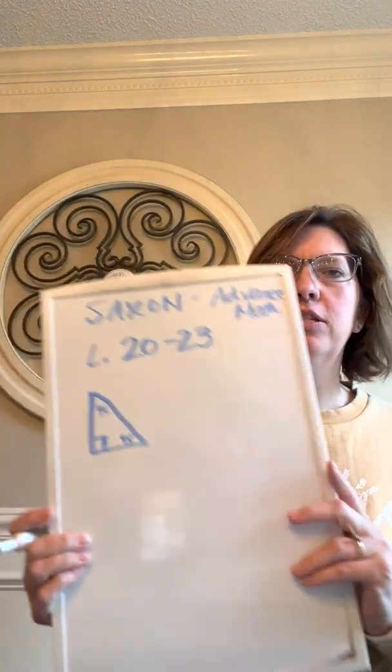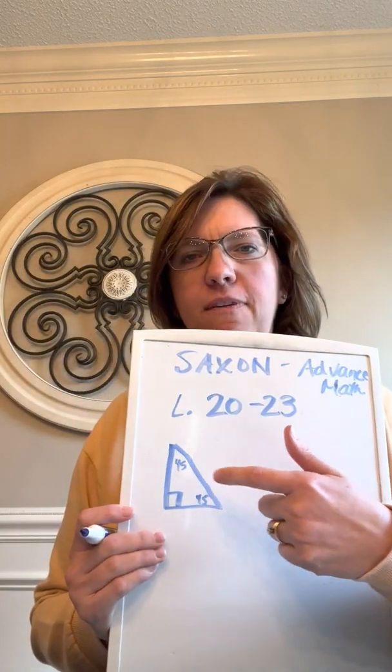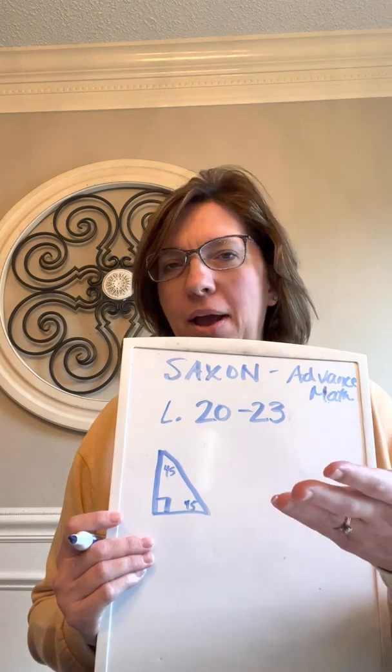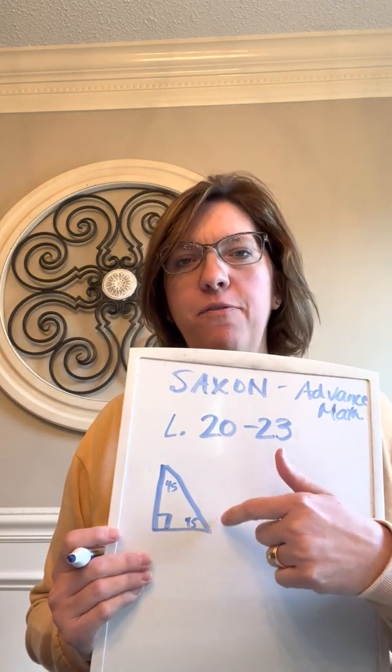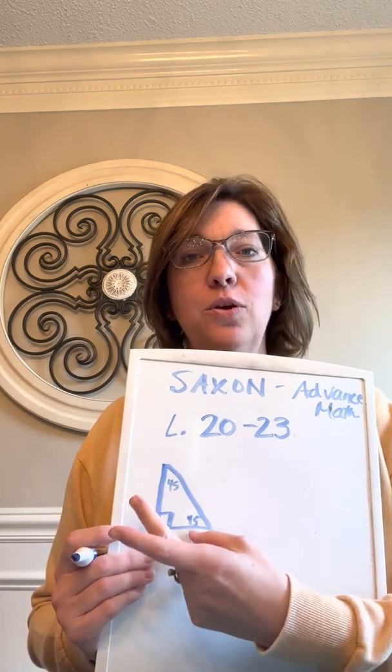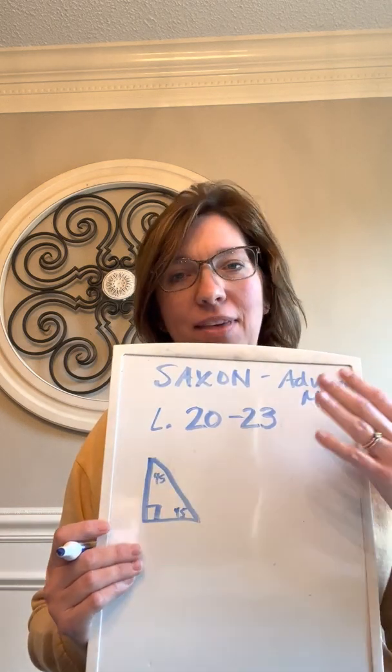Well, a special right triangle would be what we call a 45, 45, 90 triangle. So let's talk about what that means. 45, 45, 90. Well, we know every triangle has 180 degrees. That's given. So 45, 45, 90 means that the two legs have to be the same. Why do they have to be the same?